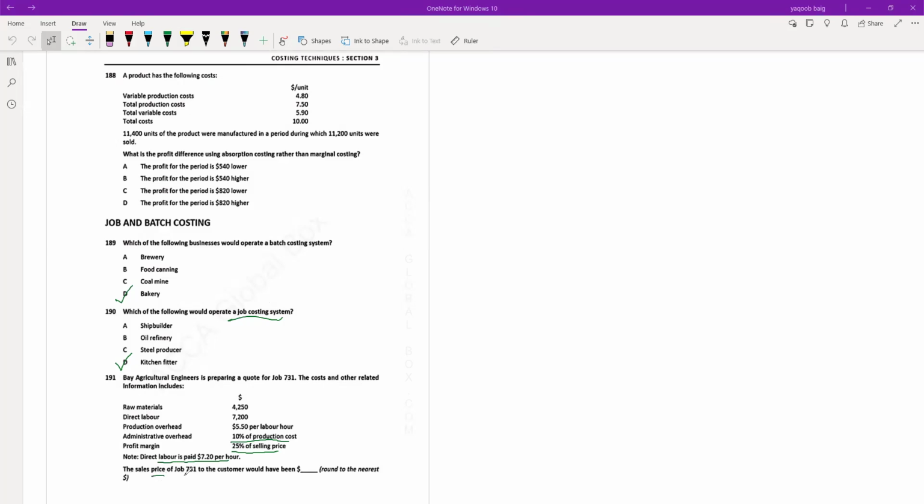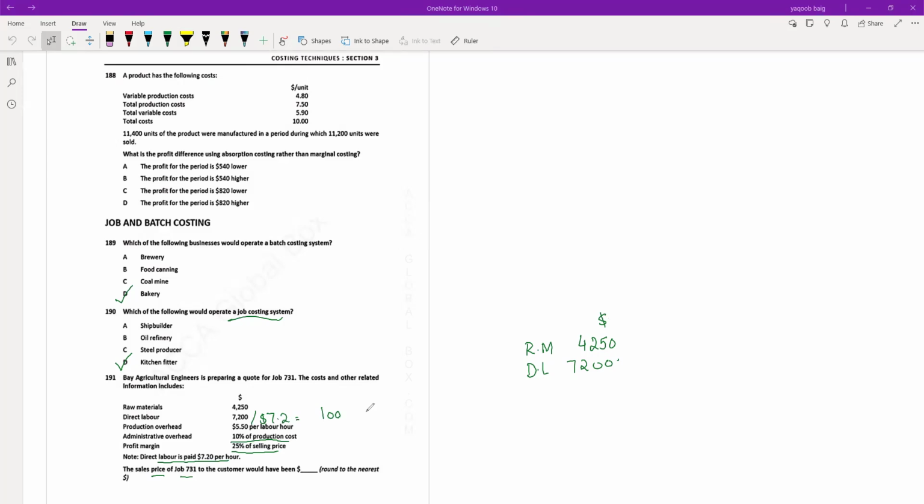The sale price of Job 731 to the customer would have been, okay, so we start from raw material 4250, direct labor 7200. Now he's saying that it is 7.2 per direct labor hour and production overheads are 5.5 per labor hour. So we will divide this 7200 by 7.2.